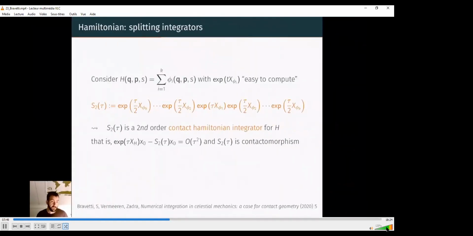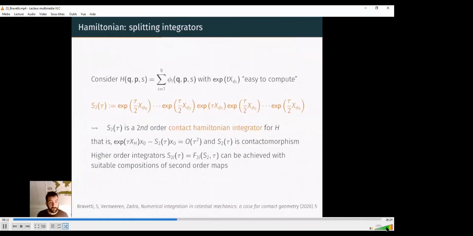The contactomorphism part is natural because this is just a composition of contactomorphisms. And you can use the Baker-Campbell-Hausdorff formula to compare the flow of the Hamiltonian system and see that this gives an error of the order of tau squared.